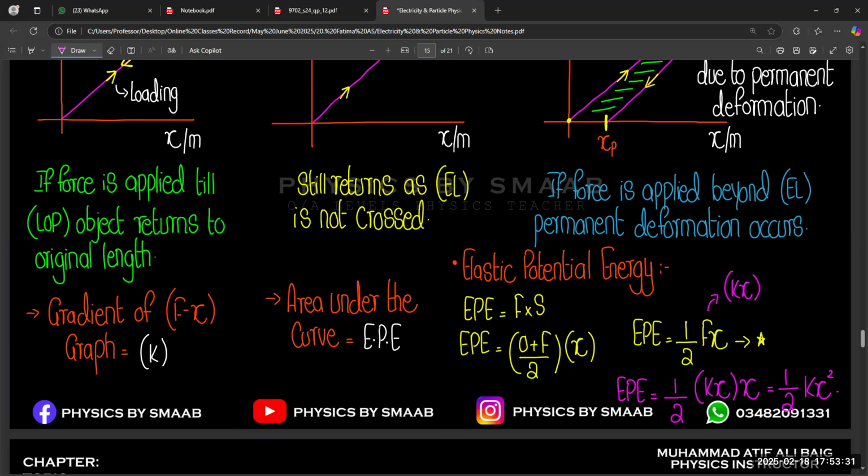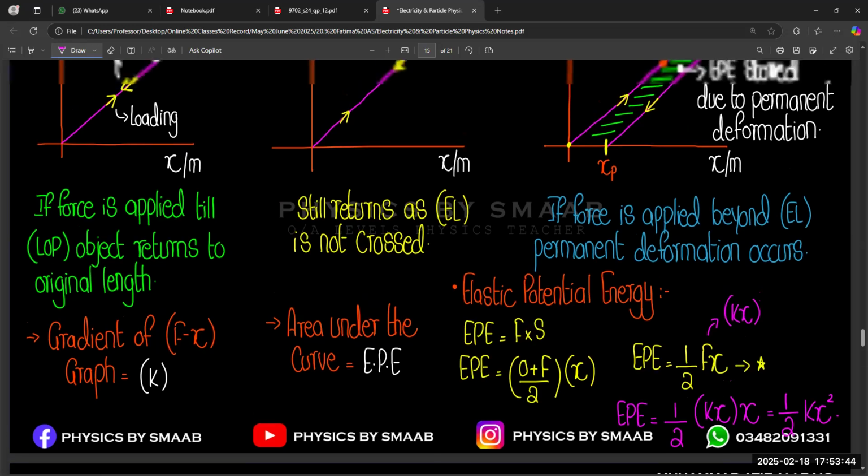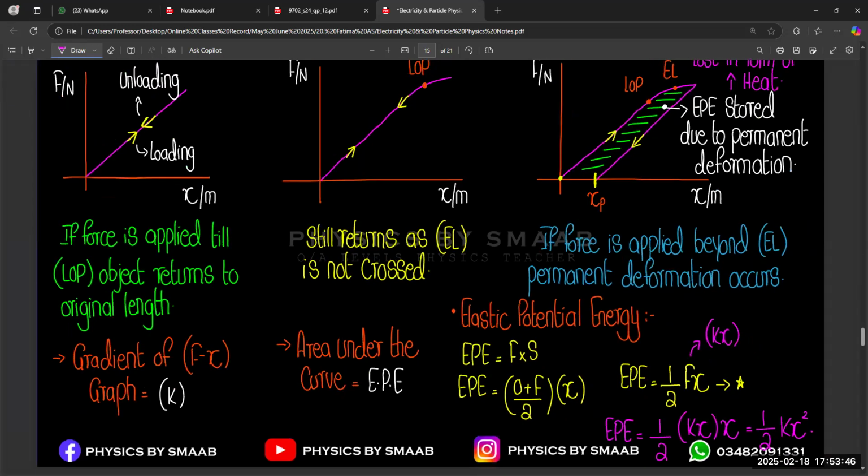So this is another formula of elastic potential energy. For example, if the value of force and extension is not given, we can use the value of k and x with the square of x, and that will help you find the value of elastic potential energy from the graphical representation of the spring. Basically, it depends upon the scenario.